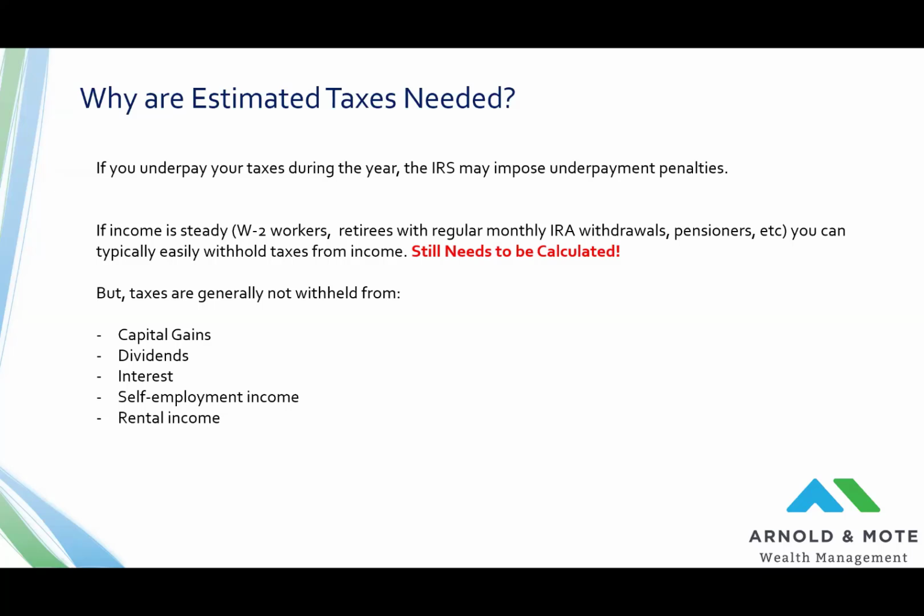And so generally, this is going to be if you have a lot of capital gains, dividends, or interest income, those in the gig economy or just self-employment income in general, you'll have to submit these quarterly payments. Rental income can be another one. There can be lots of other sources here. I just tried to list a few that we see as more common.